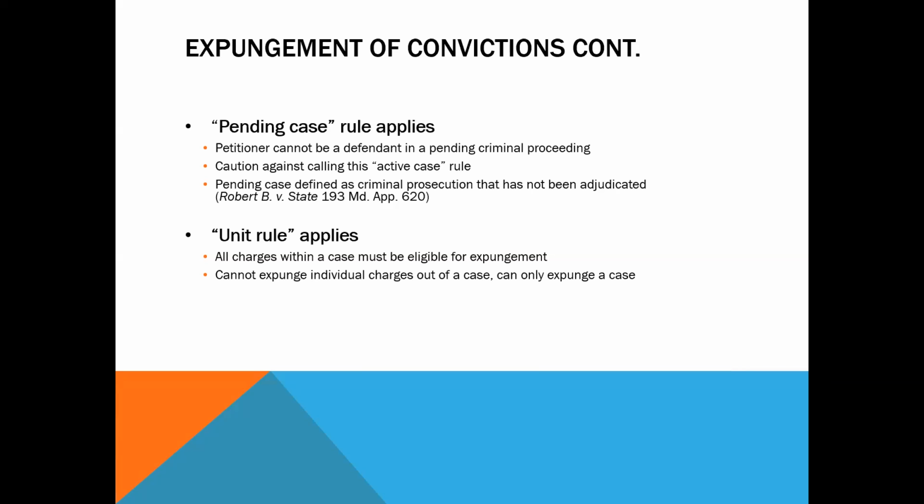So it's usually going to be one arrest for one particular event. And if there were multiple crimes committed, they become a unit for the purposes of expungement. So that's just a basic overview of the way expungement of convictions works in 10-110.